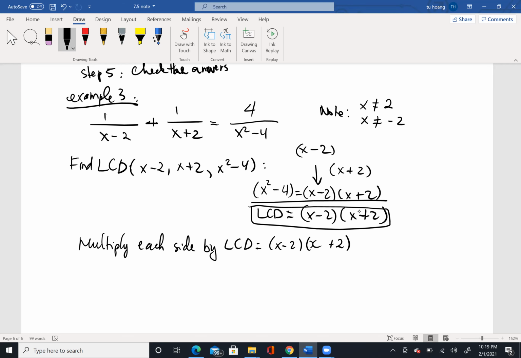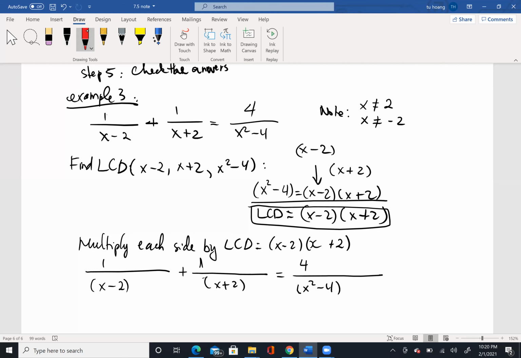So you have 1 over x minus 2 plus 1 over x plus 2 equal to 4 over x squared minus 4, and I multiply both sides by x minus 2, x plus 2.